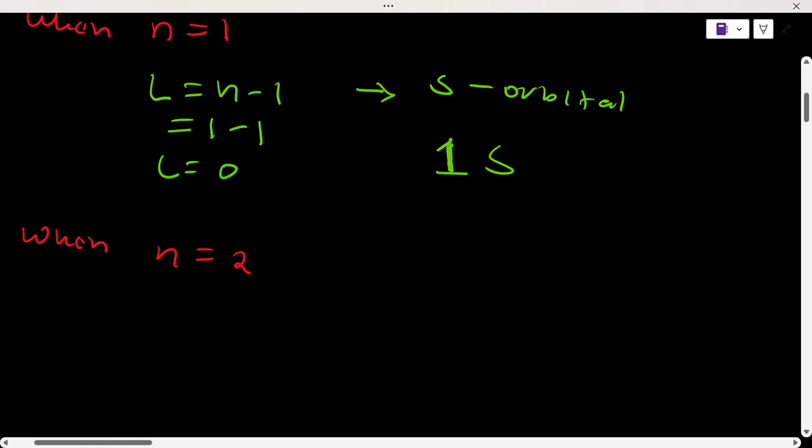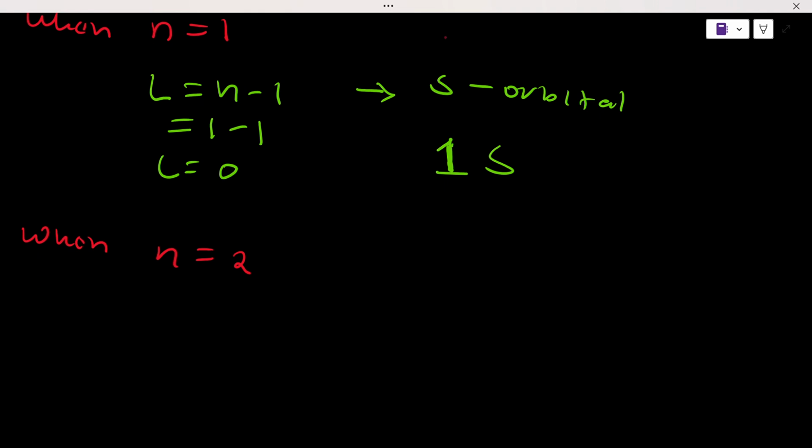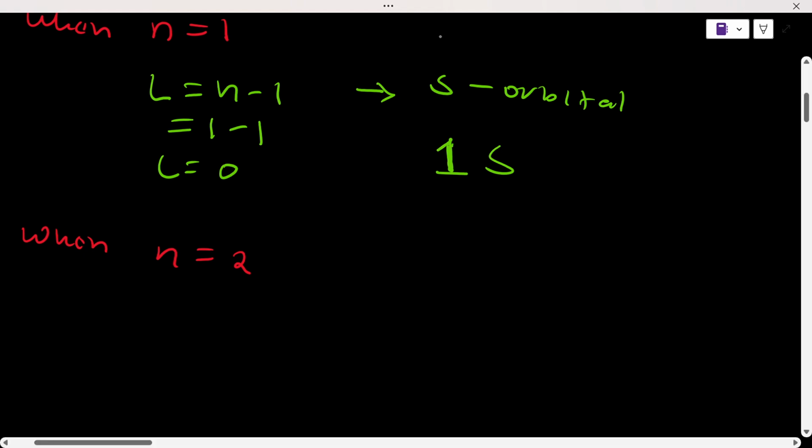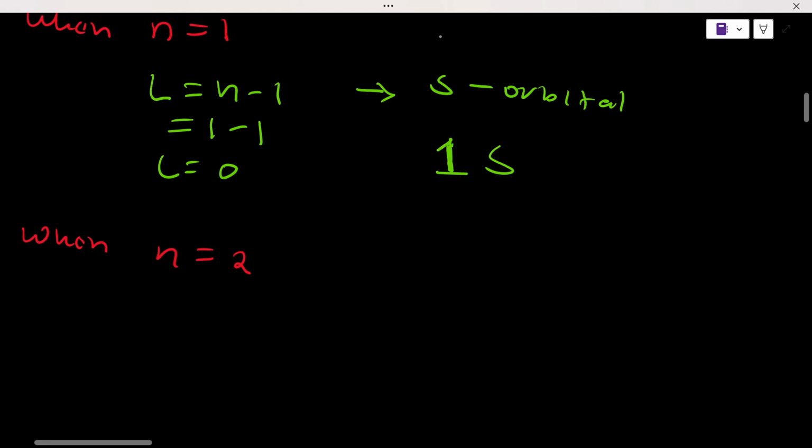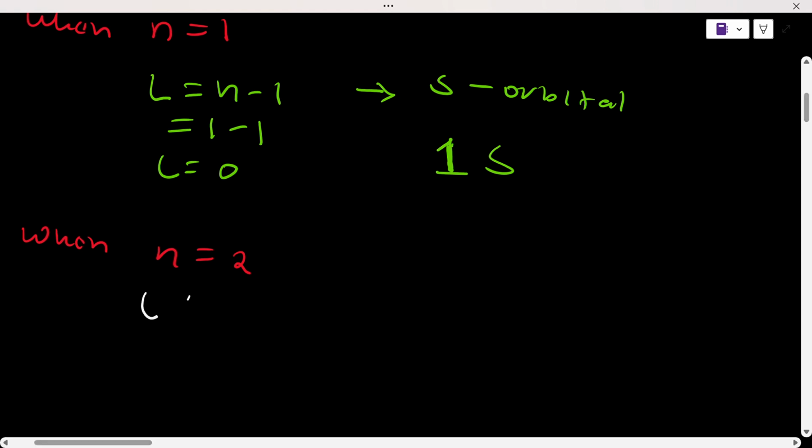I'm going to follow the same relationship where L, which is the angular momentum number, must be equal to or less than n minus 1, sorry. So the angular momentum number that I'm dealing with is going to be 2 minus 1, and therefore L is going to be 1.